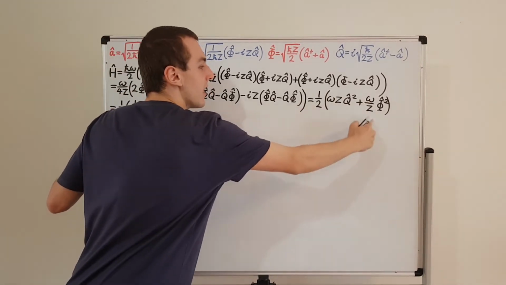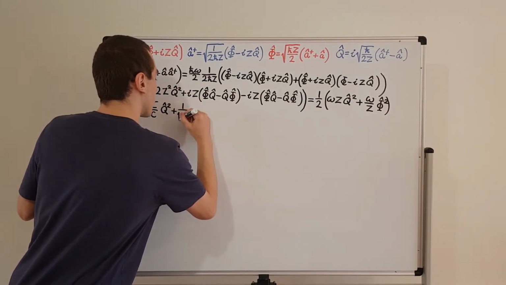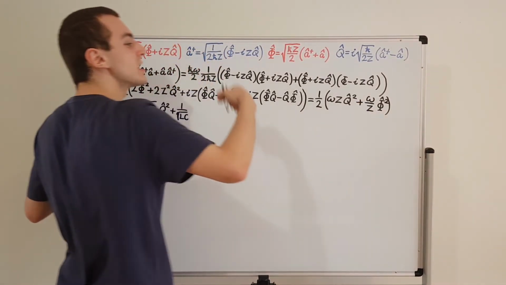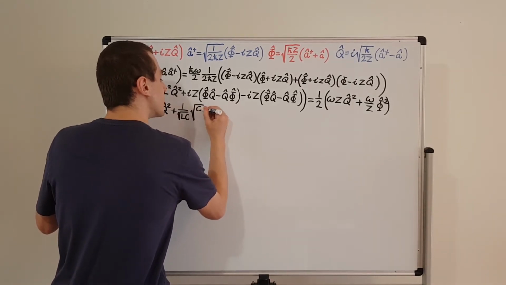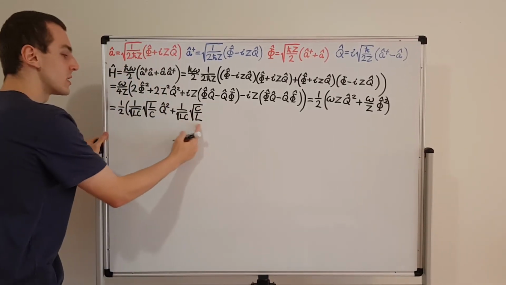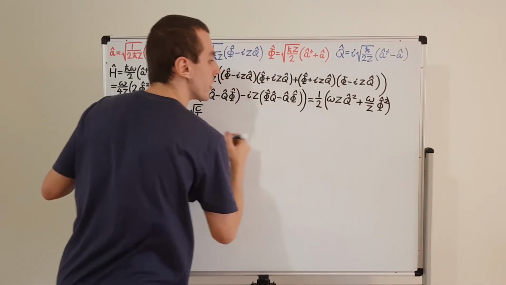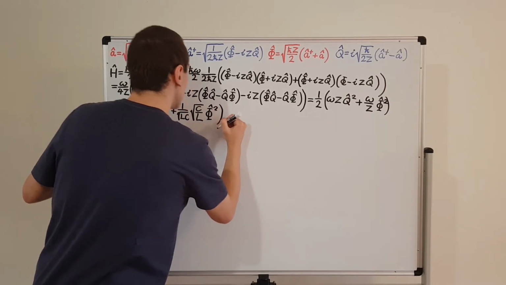Now let's have a look at this term over here. We have, again, 1 over the square root of LC. That's that omega. And then we have to take the reciprocal of the impedance. And the reciprocal of the impedance is the square root of C over L. That's just the reciprocal of what we have over here. And then we have phi squared. So that's phi squared. I'll close the bracket.